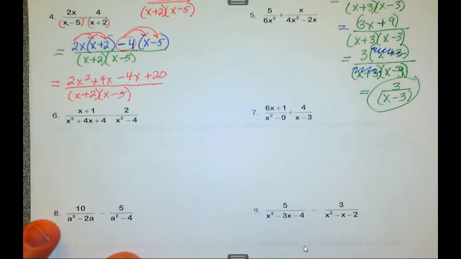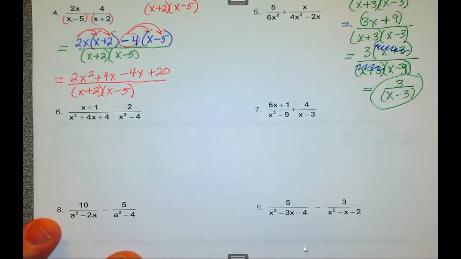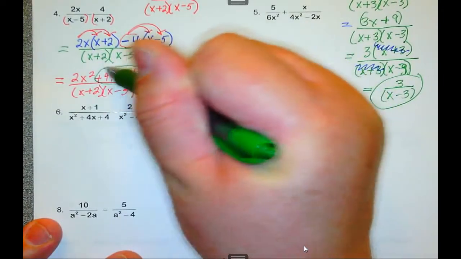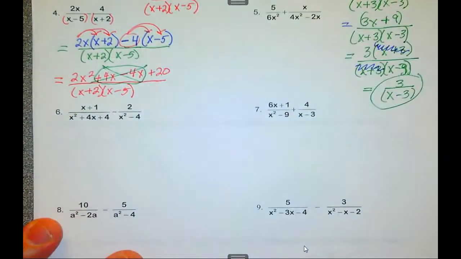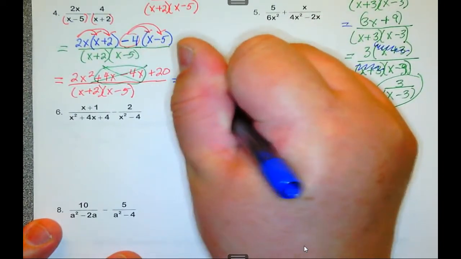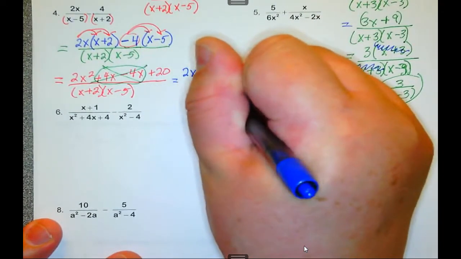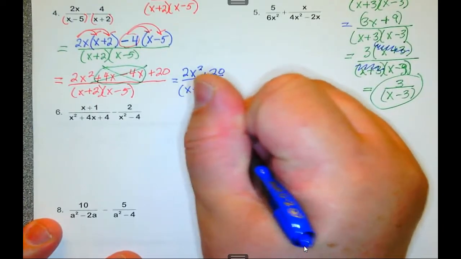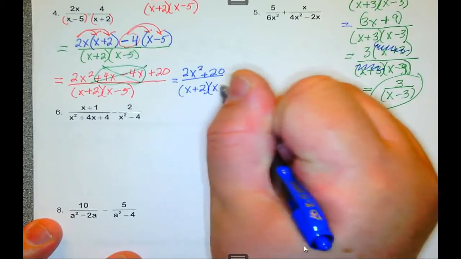Okay, simplify the numerator. I'm lucky, these cancel out. So I get 2x squared plus 20 all over x plus 2, x minus 5.